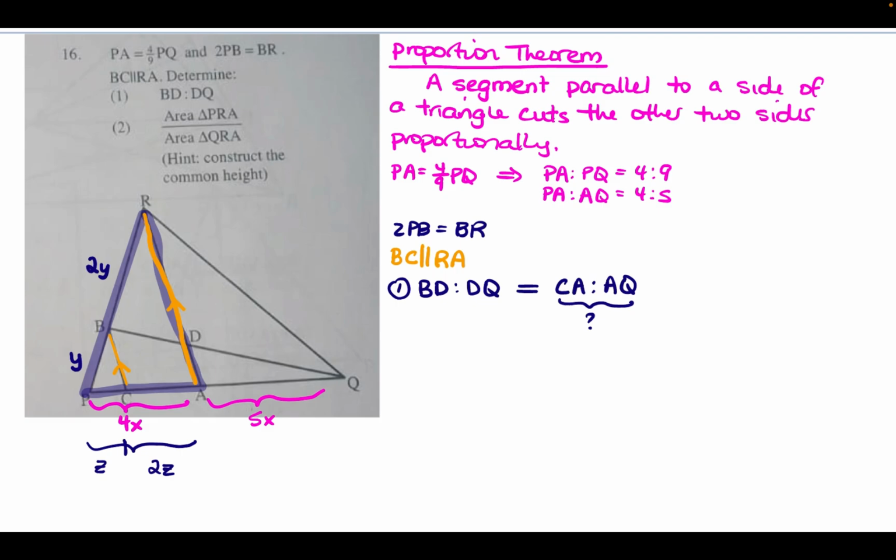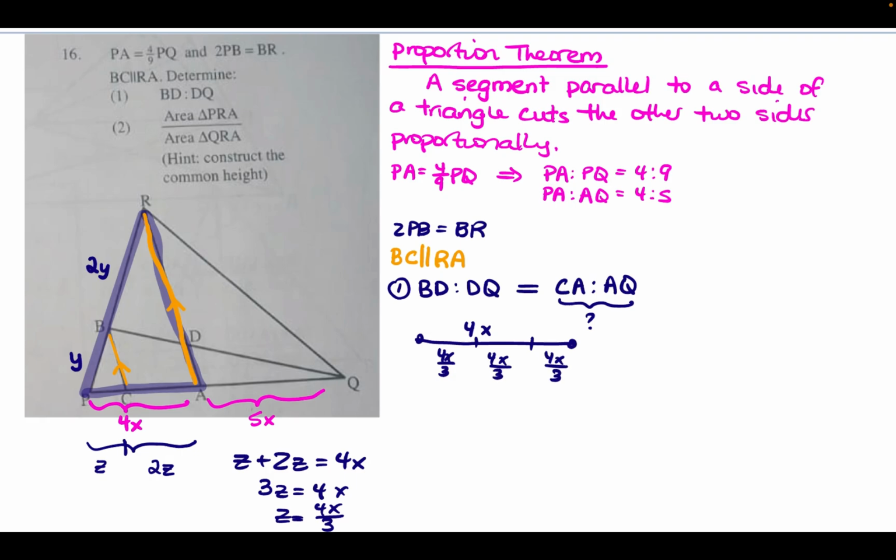So maybe we could say, well, Z plus 2Z is equal to 4x, so 3Z is equal to 4x. Z is equal to 4x over 3, and that might make sense to you, because if we have a segment that is equal to 4x and we divide it into 3 parts, each one of those will be 4x divided by 3.